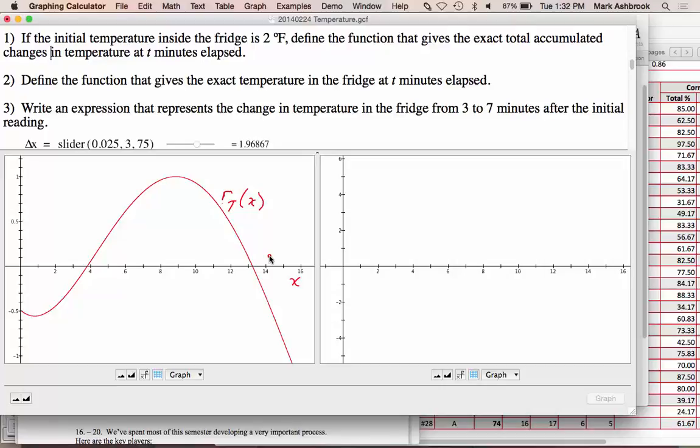Remember that? This is the exact rate of change function of temperature in the fridge. Based on that, you're going to answer these 3 questions, which is important for us to get back to where we were and for your homework Thursday. Go.